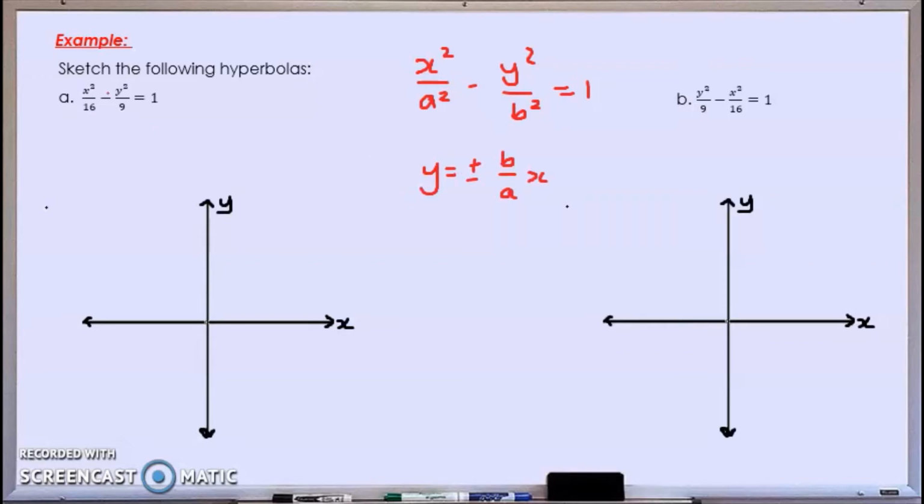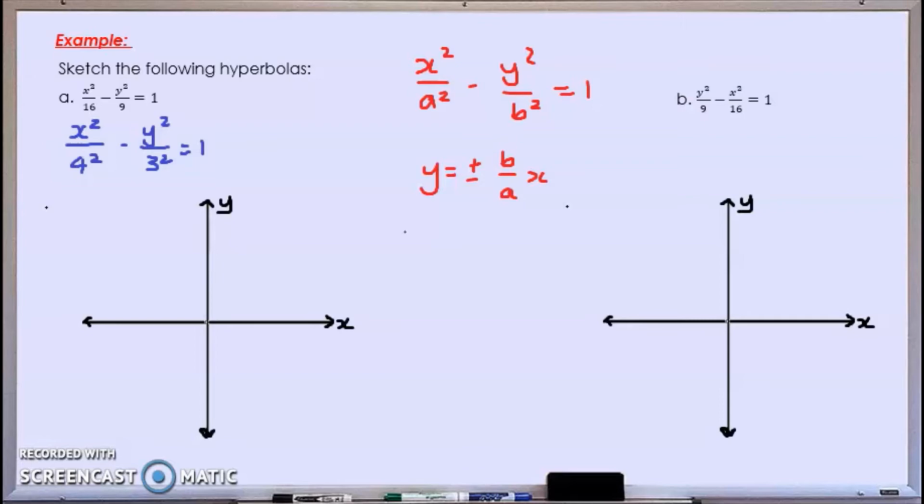So what we'll do when we start with the first example is we'll put in the asymptotes and then we'll draw the hyperbola. The asymptotes here, considering this is x squared over a squared, that would be 4 squared, minus y squared over b squared, that would be 3 squared, equals 1.